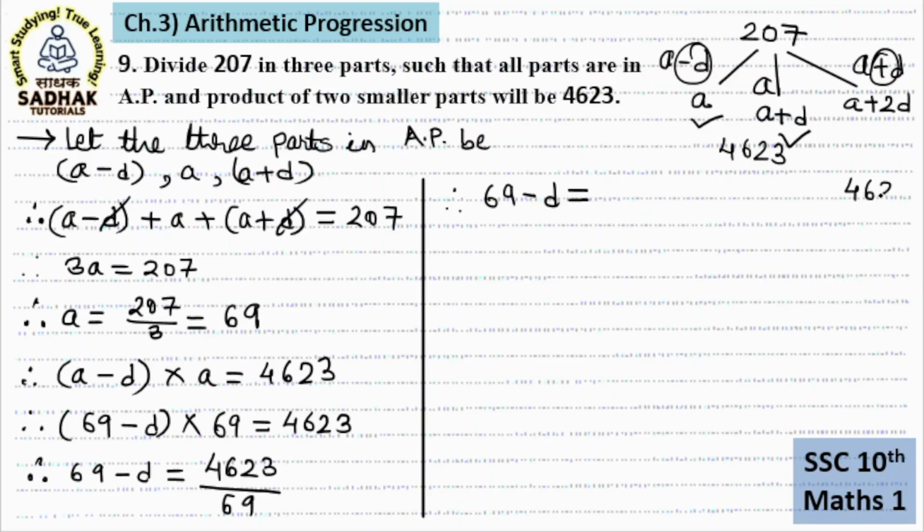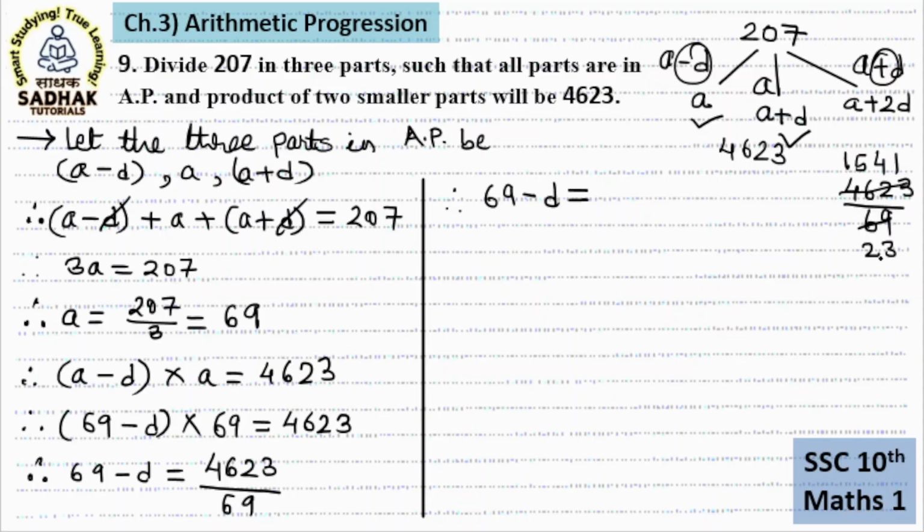4, 6, 2, 3 divided by 69. We can see that this number and this number are divisible by 3. 3 2s are 6, 3 3s are 9. Then 3 1s are 3, 1 carried, 16. So 3 5s are 15, 1 carried, 12. So 3 4s are 12 and 3 1s are 3.